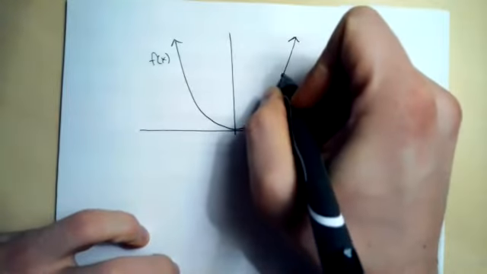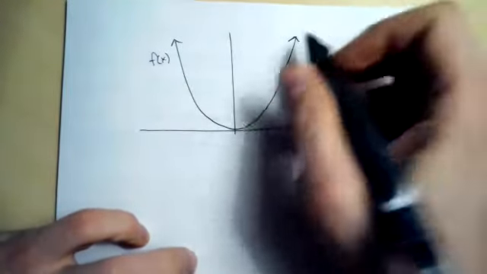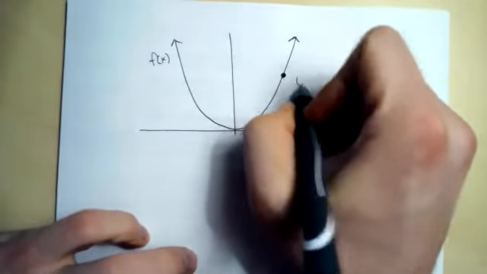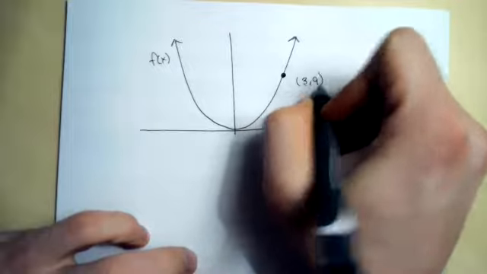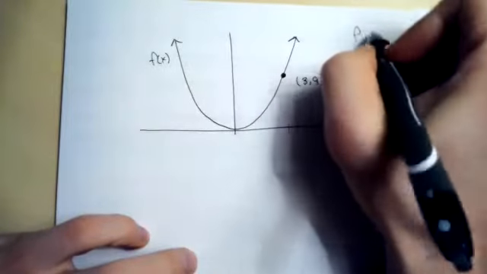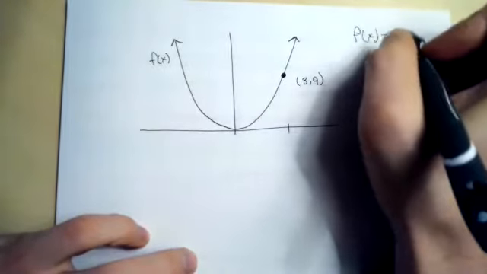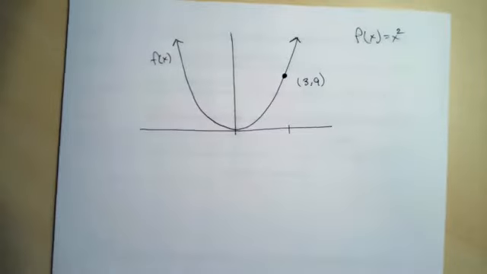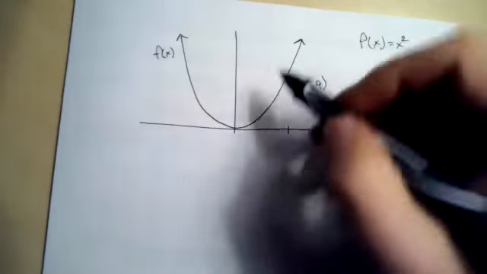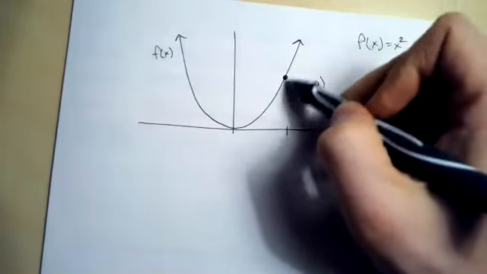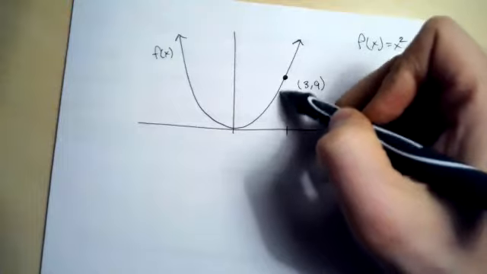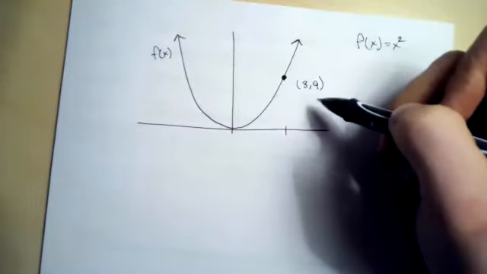Mathematically, we describe this as we pick some point. And so in the IC, we're going to pick 3, 9. Our function, let's write it out, is x squared. And what we might want to know is how fast is this function increasing at the point 3, 9?